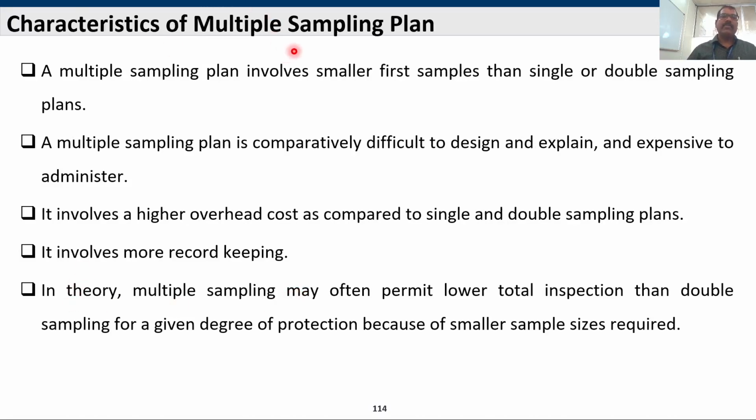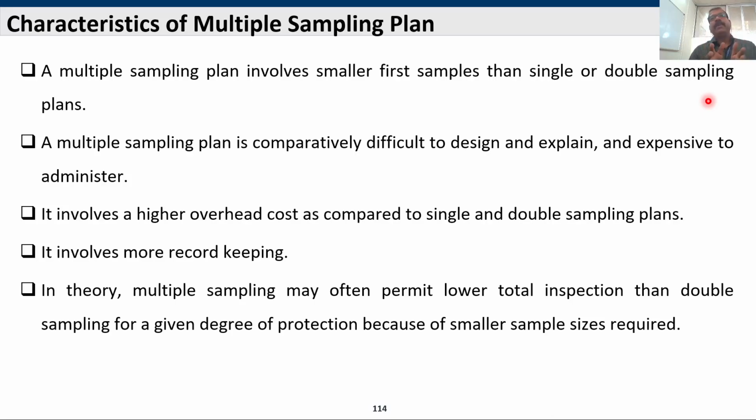So, characteristics of multiple sampling plan. A multiple sampling plan involves smaller first samples than single or double. In a single sampling plan you take a sample of size N, and in a double sampling plan you take a first sample N1 and then a second sample N2. Compared to N1, N2 or N, the sample number is very small in multiple sampling.